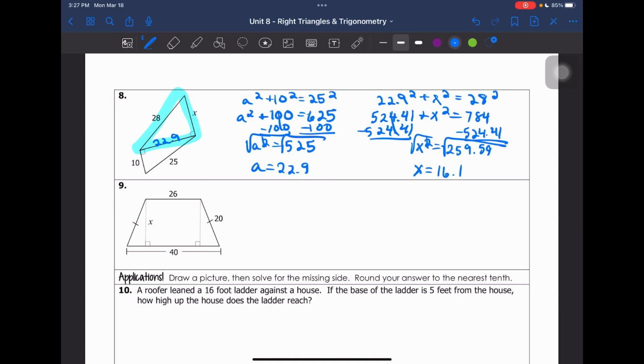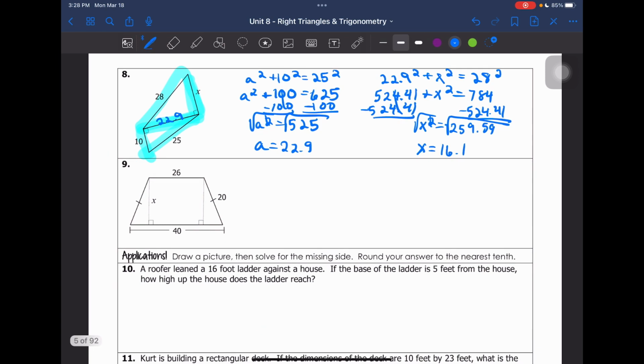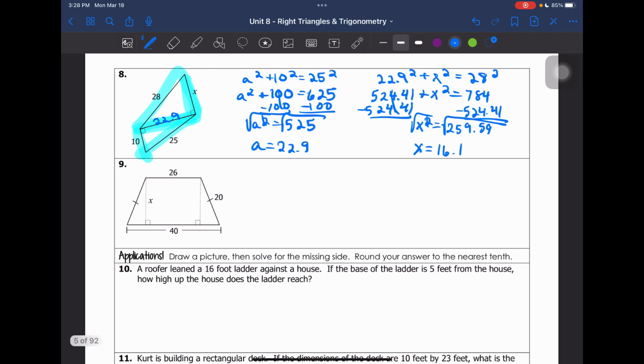So you just have to be able to see how there's different right triangles and they share a side. So if I know the lengths of these, I can use that to find this shared side, and then I can use that to help me find the other leg.